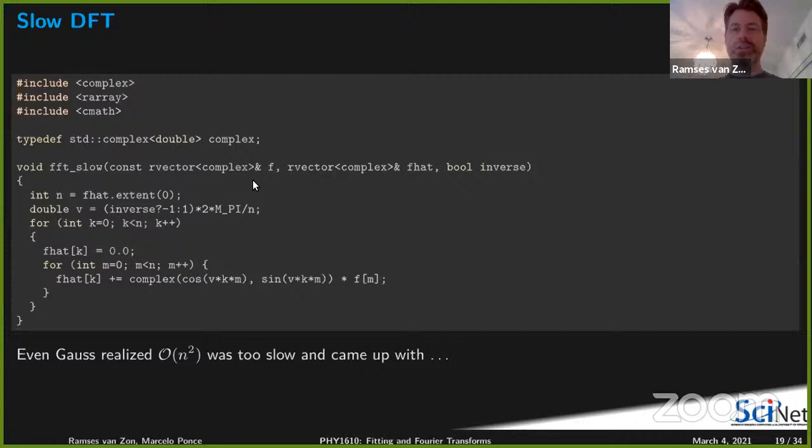So I have two vectors here. One comes in, hence the const, is my input f vector. The output vector is this f hat, and then I have a way to flag whether I want it to go forward or backward, so the inverse or the not inverse, which just changes a parameter here. And so there's just a double loop that computes the matrix element.